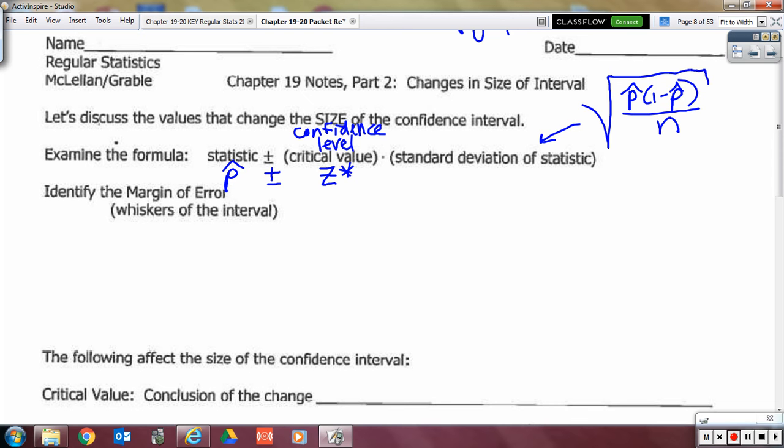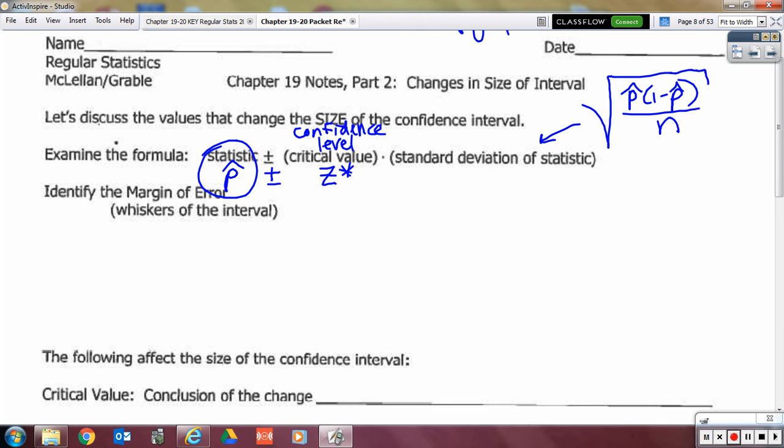Now, you do not have control over p hat. You get what you get, and you don't throw a fit. That's right. When you do your proportions of throwing your globes around, you got your proportion, and we didn't dispute that. That's what you got. So p hat cannot change.